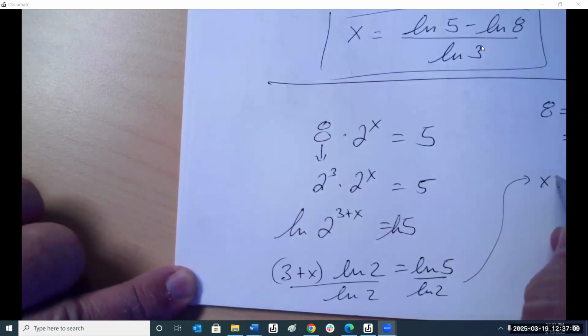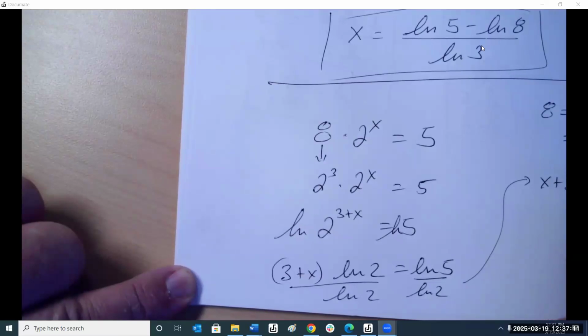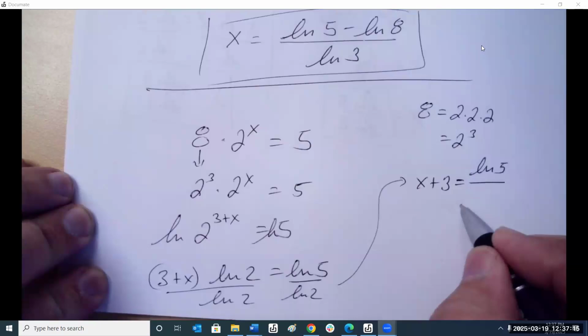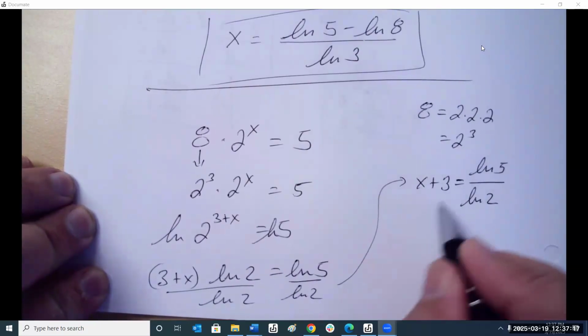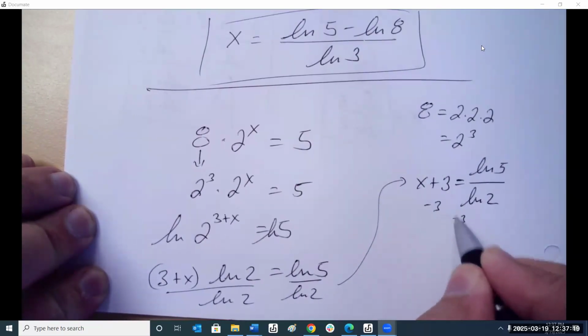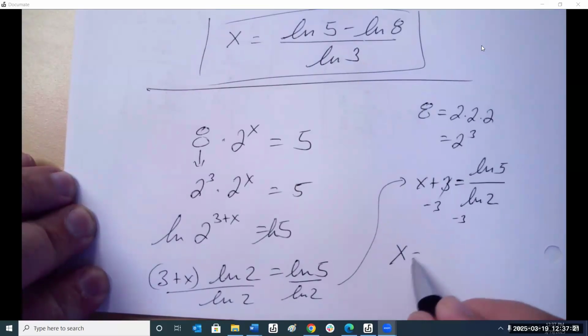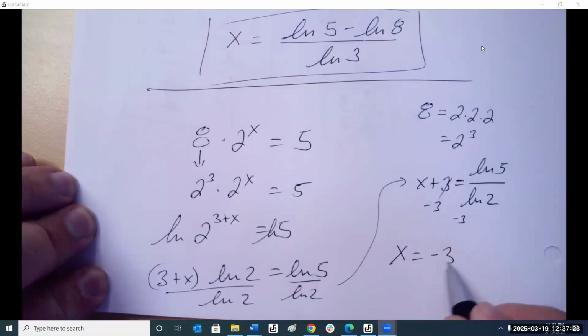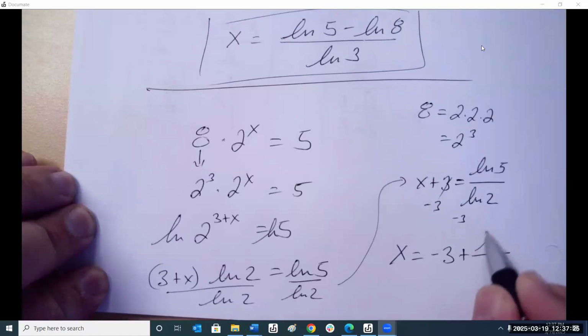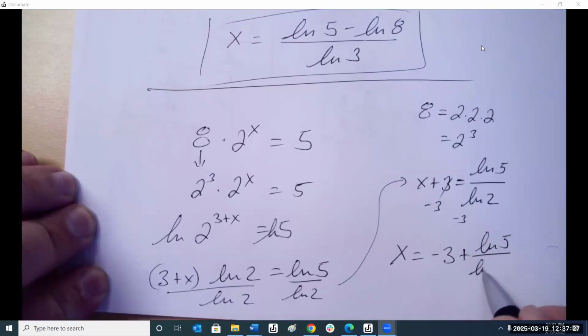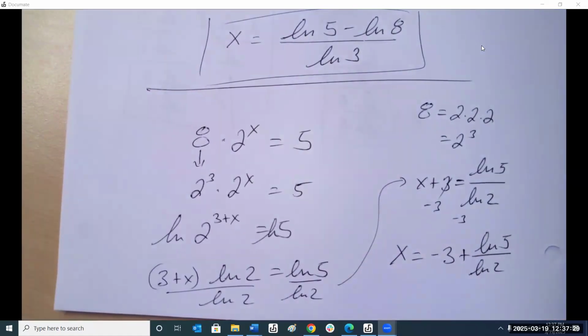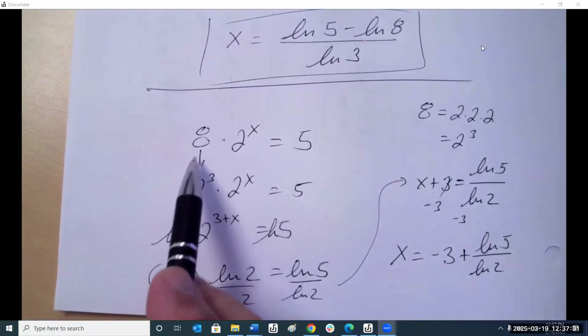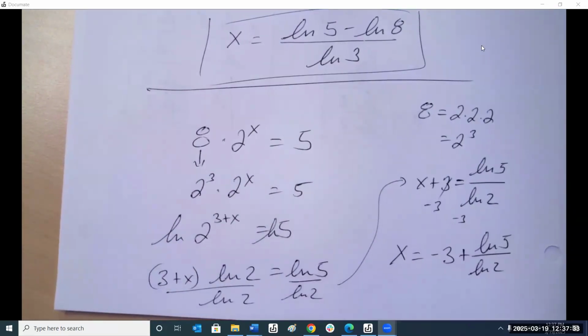So we have x plus 3 equals ln 5 over ln 2, subtract 3. So x is equal to -3 plus ln 5 over ln 2. That makes a big difference. If you can get the same bases, you can combine them. That's a big plus. Makes it much easier, I think.